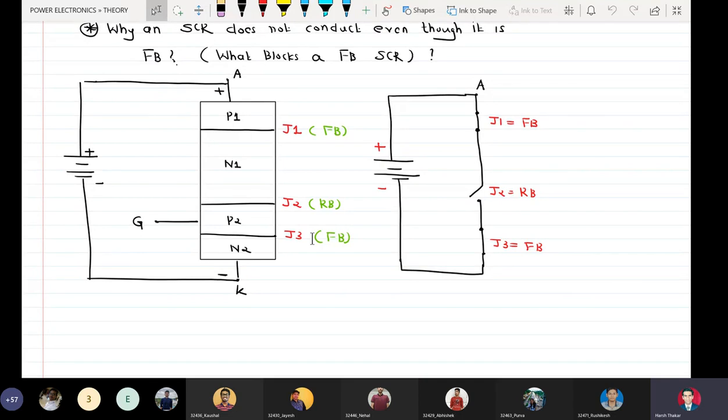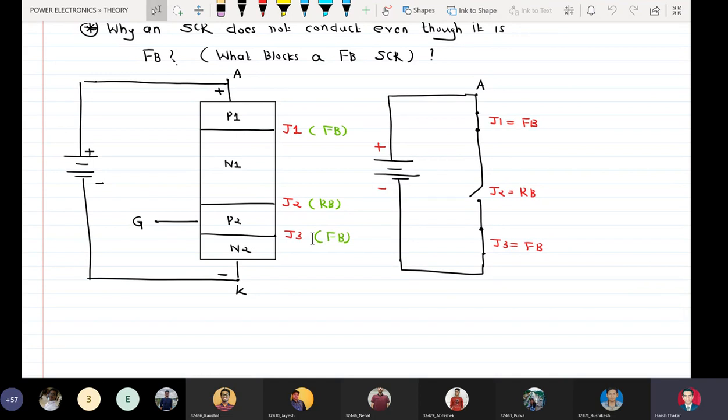Now effectively we have 3 PN junctions acting as switches, with J1 and J3 being forward biased and acting as closed switches, while the middle junction J2 is RB and acts as an open switch. SCR, although forward biased, cannot conduct. I repeat, this shows that SCR, even though it is forward biased, does not conduct because the junction J2 is reverse biased and it blocks the SCR.